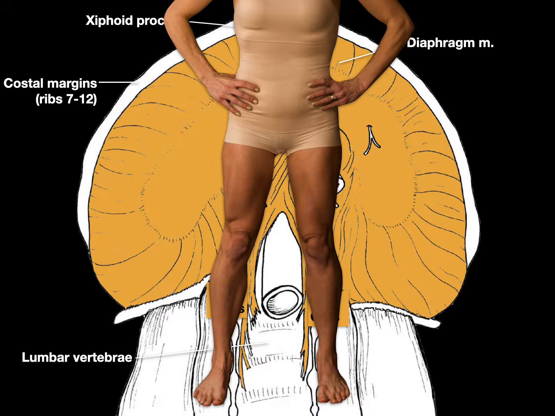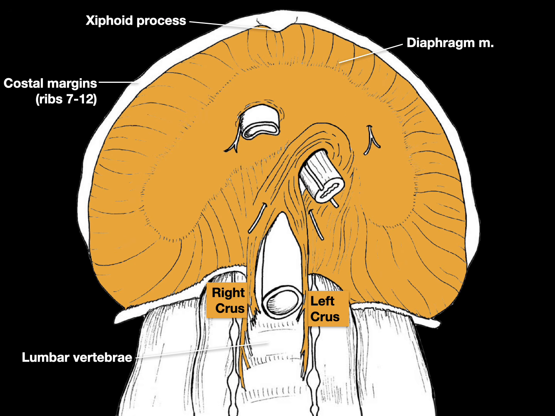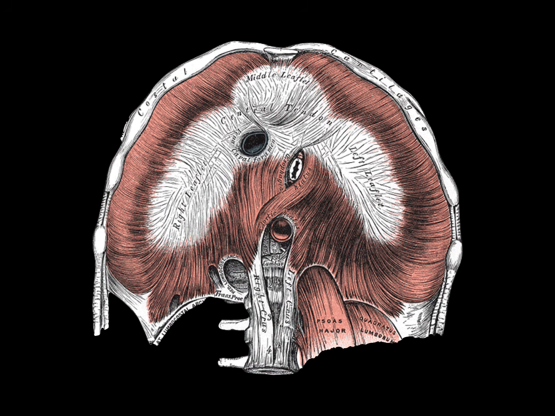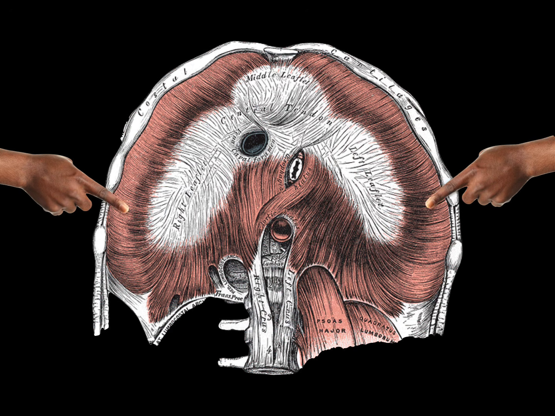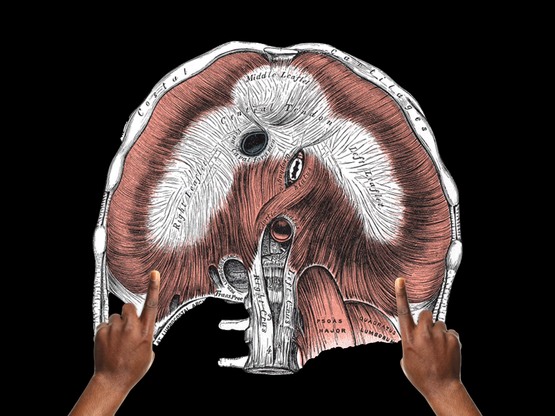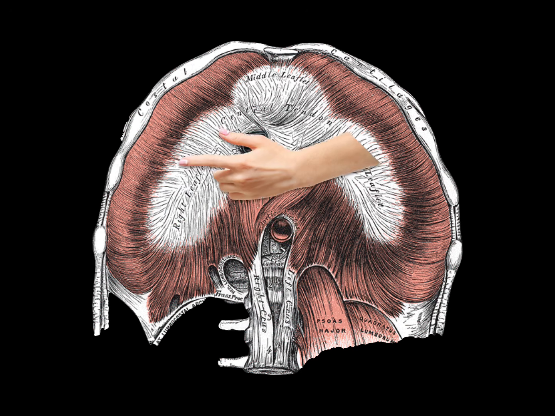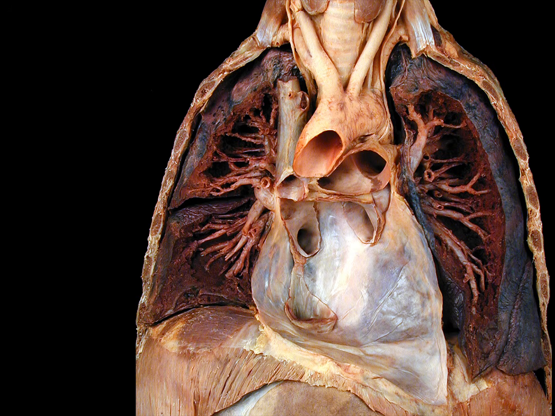The word crus means legs because that's kind of what they look like. And all of the muscle fibers go centrally to the dense connective tissue central tendon. From an inferior view, look at all those muscle fibers coursing to that central tendon of the diaphragm.